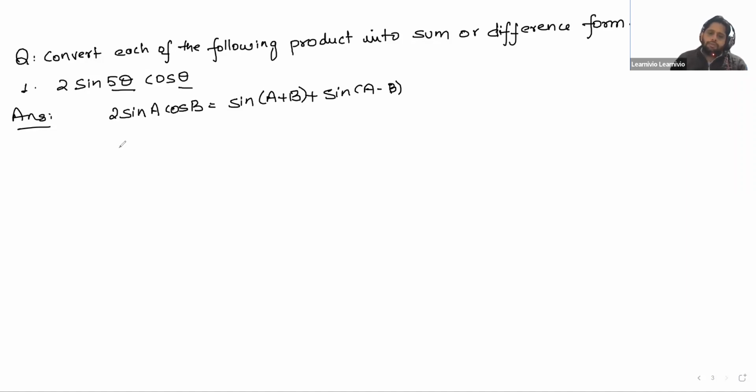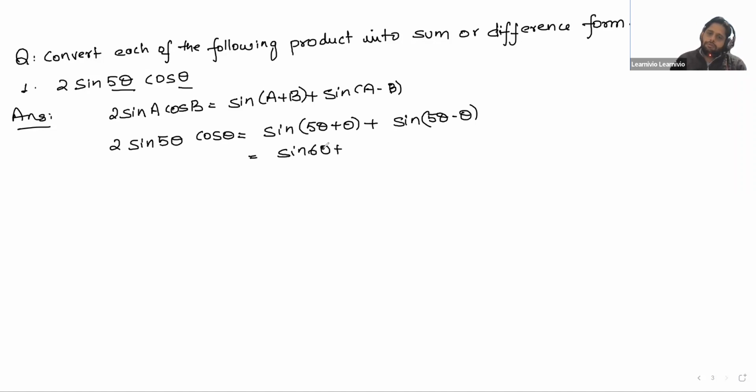What is B here? Theta. So 2 sin 5 theta cos theta is equal to sin of 5 theta plus theta plus sin of 5 theta minus theta. So finally, you will get sin 6 theta plus sin 4 theta.